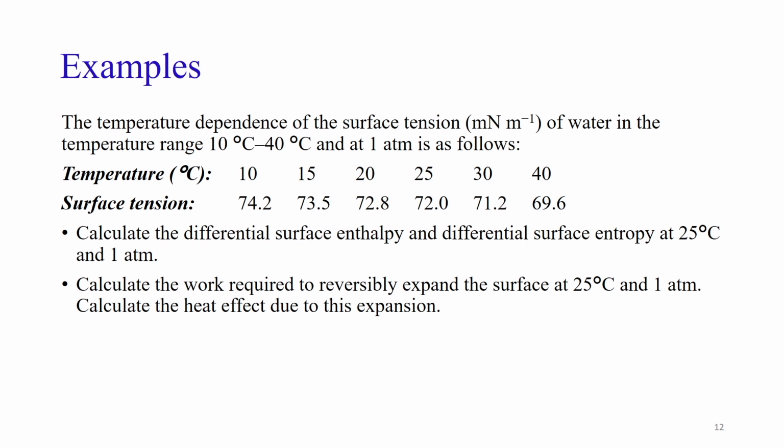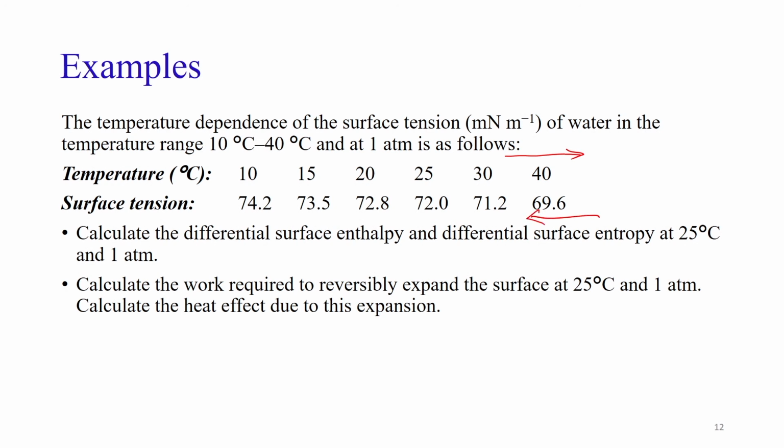So, what it says, we are increasing the temperature in the range of 10 to 40: 10, 15, 20, 25, 30 and 40, and if you are increasing the temperature, there is a decrease in the surface tension. Okay.